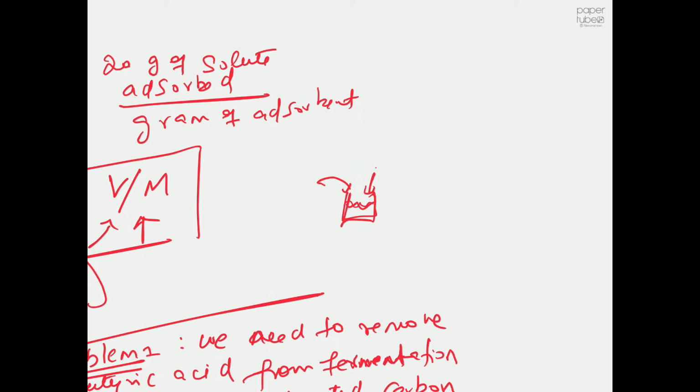At the end of the experiment, you check the concentration of the solute in the solution, and that will be your CE, and you know your C0, your initial concentration. From that, you know how to calculate QE. You know the volume of solution and the mass of adsorbent we added. So that's nothing but an adsorption equilibrium experiment.